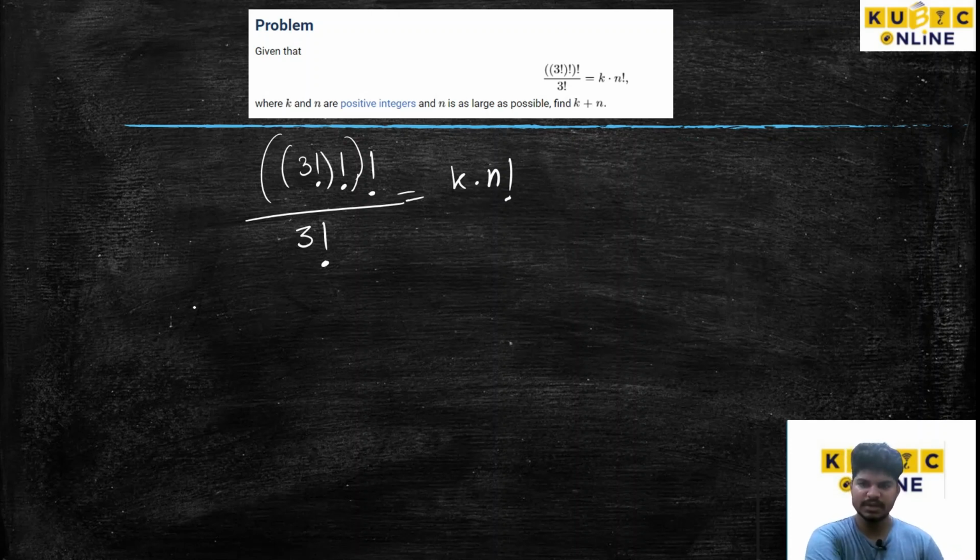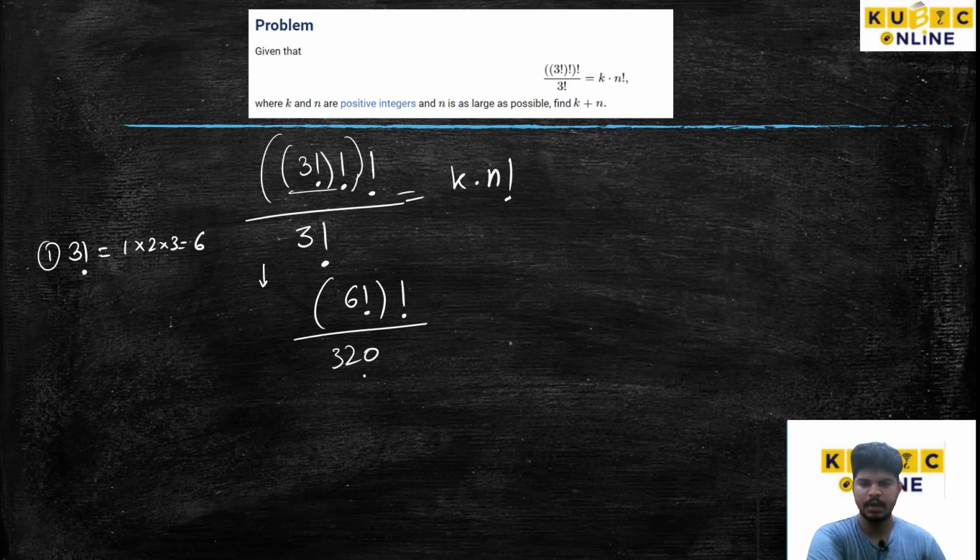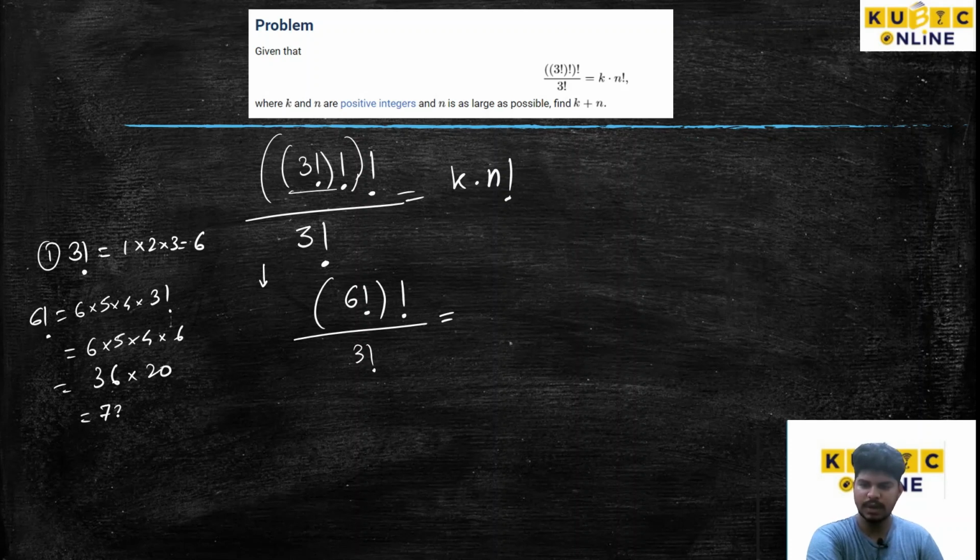So let's simplify this. First let's simplify 3 factorial. 3 factorial is equal to 1 into 2 into 3, which is nothing but 6. So this thing gets converted to (6!)! divided by 3!. Now 6 factorial is equal to 6 into 5 into 4 into 3 factorial, which is 6 into 5 into 4 into 6, which is 36 into 20, which is 720.